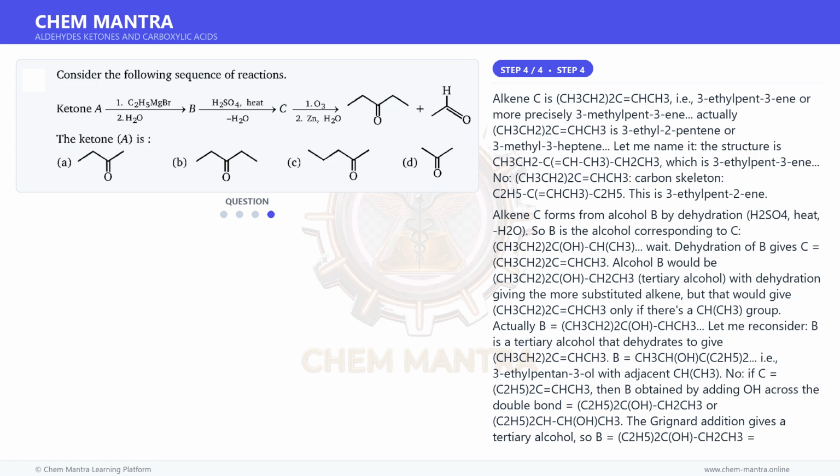The structure is CH3CH2C(=CHCH3)CH2CH3, which is 3-ethylpent-2-ene. The carbon skeleton is C2H5C(=CHCH3)C2H5. Alkene C forms from alcohol B by dehydration, H2SO4, heat.